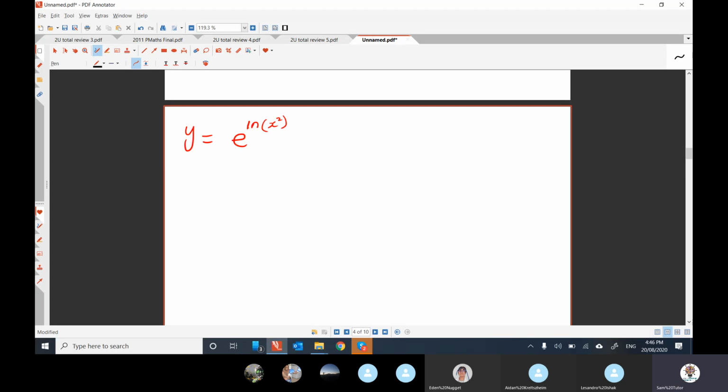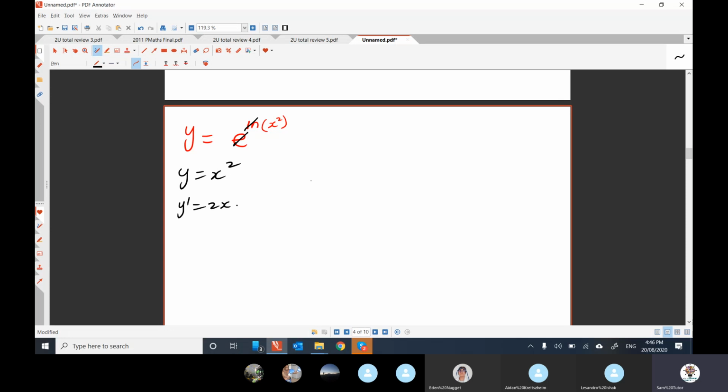Anyone have something that they realize with an e and a log? They just cancel, right? So if you see a question like this, you could do it the easy way, which would be, oh, they cancel out. So I'm actually just differentiating x squared, and then your answer is just 2x.